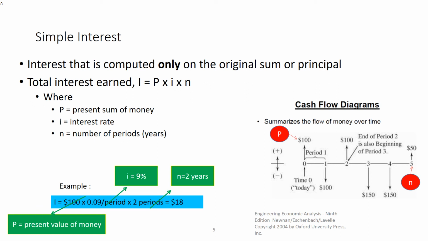So if we summarize based on our cash flow diagram, P is 100 ringgit, N is 2 years, i is 9%, and the total interest earned, 18 ringgit, is what we call the future value.